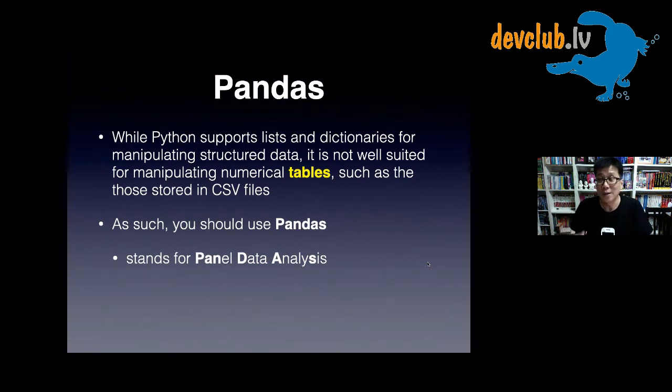Most of the time, when we talk about data analytics, where is the source of your data? Most likely, it is stored in your CSV files, or you may be retrieving it from a database where you have a table of rows and columns. So Pandas is a library that allows you to represent your tabular data in memory so that you can do and perform all your necessary analytics.